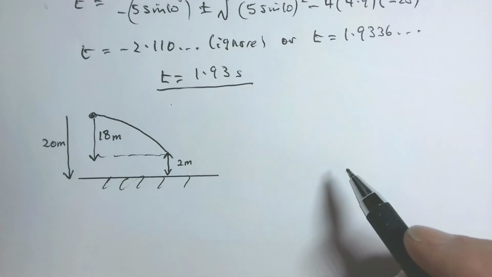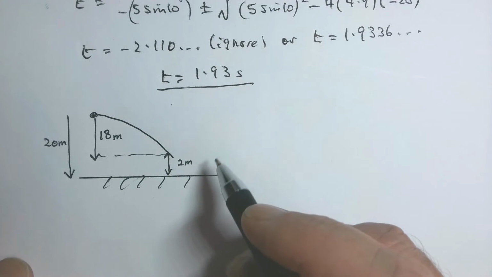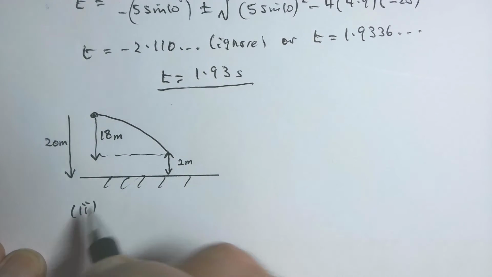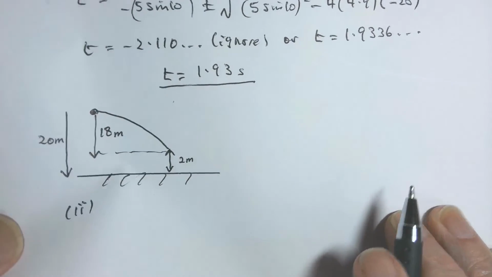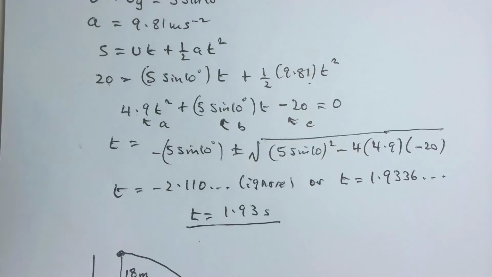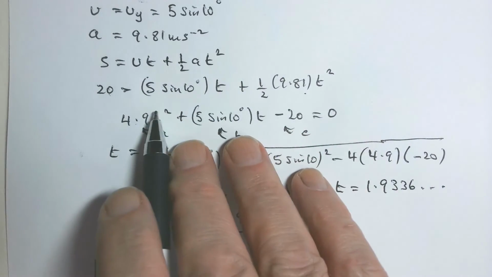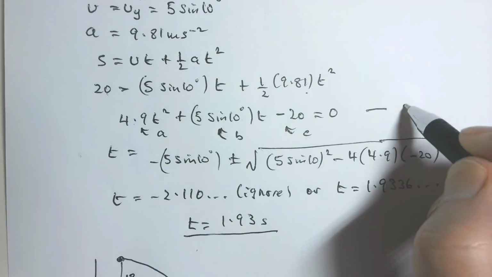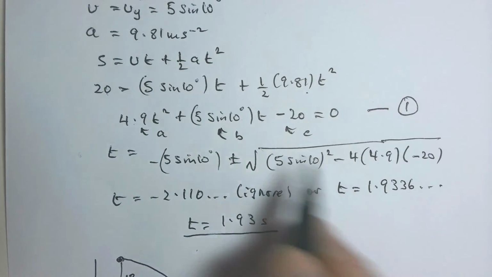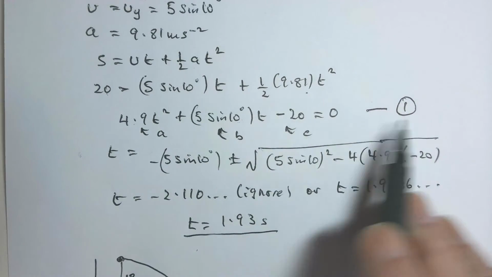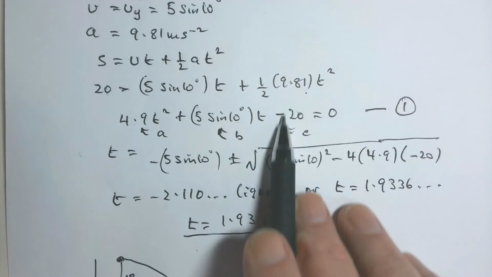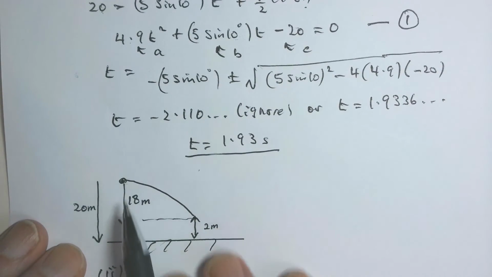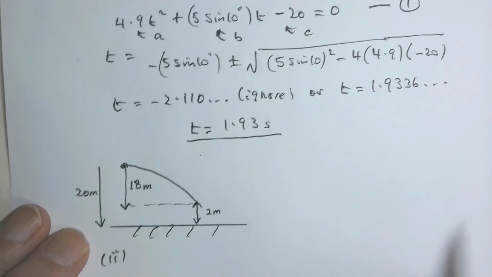So you can see that what we do for this basically is we go back to the equation we had before. We go back to this equation here, which if I call that equation 1, everything's going to be the same as equation 1, except instead of minus 20, we're going to have minus 18, because the distance is only 18.